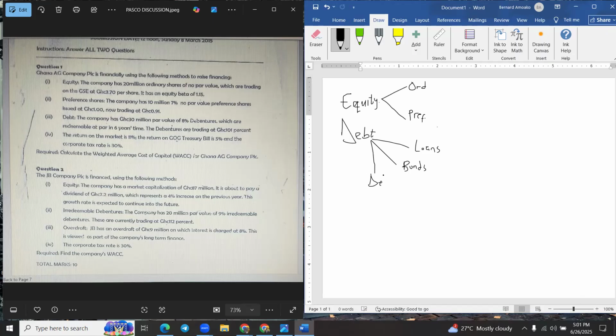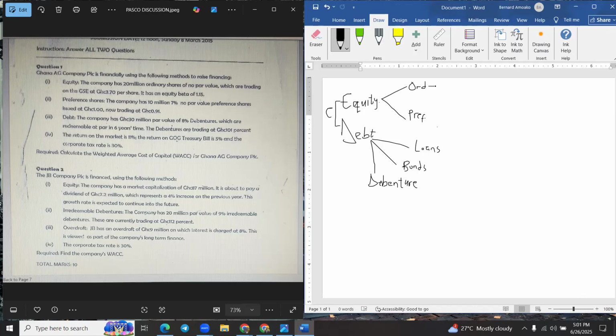Now, under each subdivided topic of the capital, this is our capital. So from these, we can actually determine that under ordinary shares, we have a whole lot of formulas that we would use.